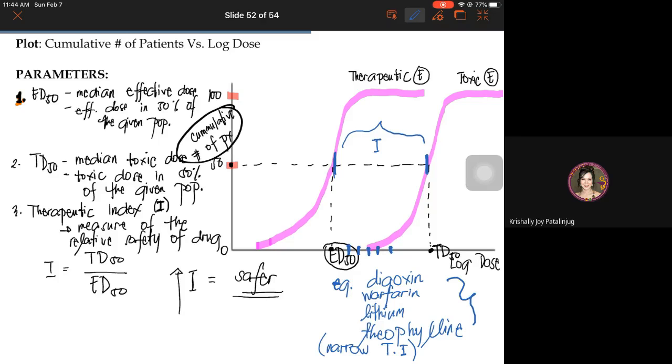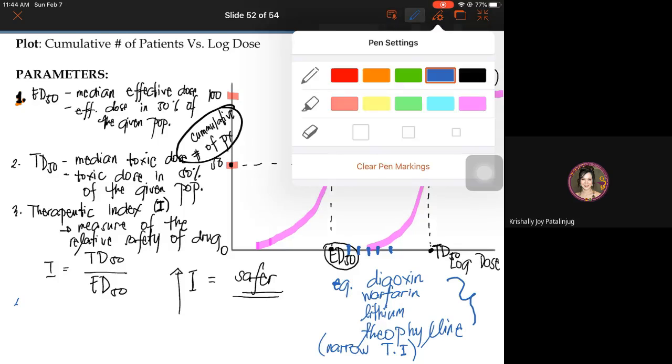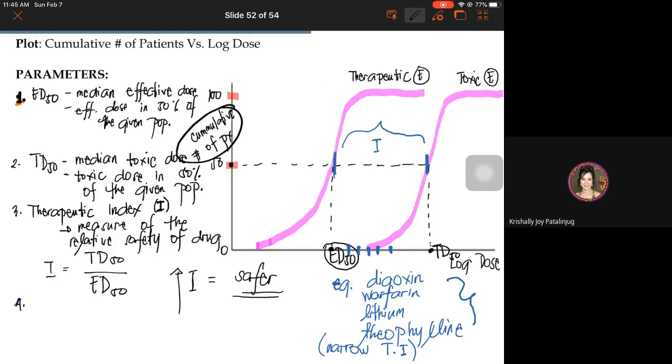And lastly, another, although dili kayo ni siya applicable sa pharmacology, this is very important in clinical toxicology. So, under quantal dose response curve, yung margin of safety. Ito naman, ganun din, ratio ng dose of a drug that produces toxicity to that of the dose that produces clinical desired response.